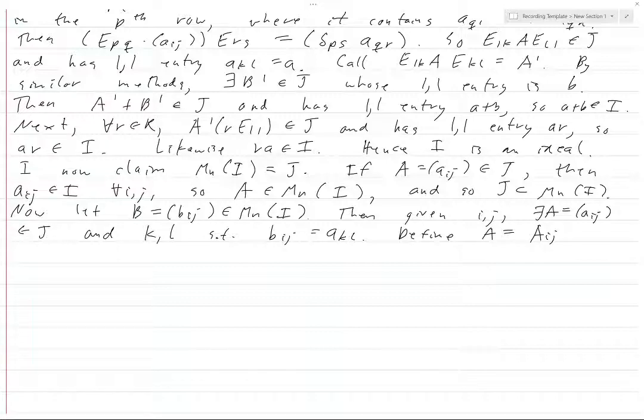Right, because fixing any indices I and j, I should really write this. There exists an Aij, which is just A, and then we'll say, instead of using Ij indices here, we're going to use R and S. And this is in J, and so Bij equals AKL.